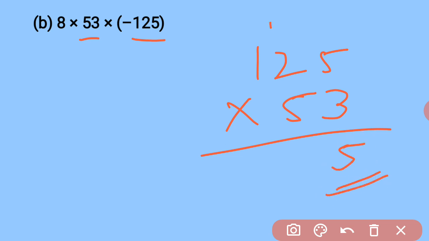So ones place of the answer will always have 5. Okay. Now tell me, which multiplication will be the easiest? The easiest will be 8 multiplied by minus 125. So we always begin by choosing those numbers which gives you the easiest product.